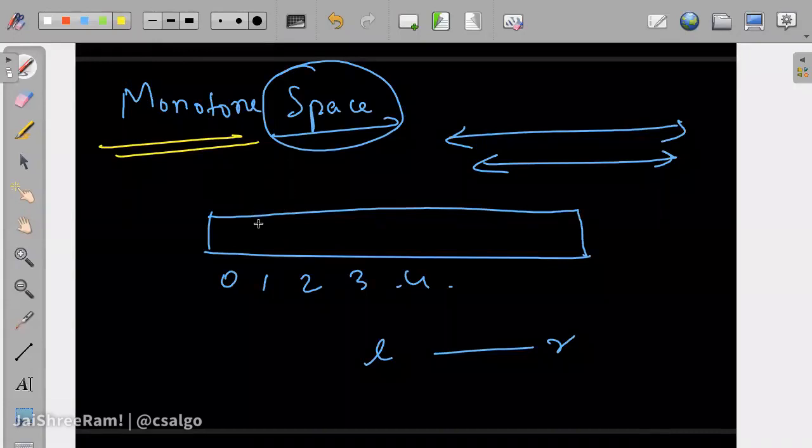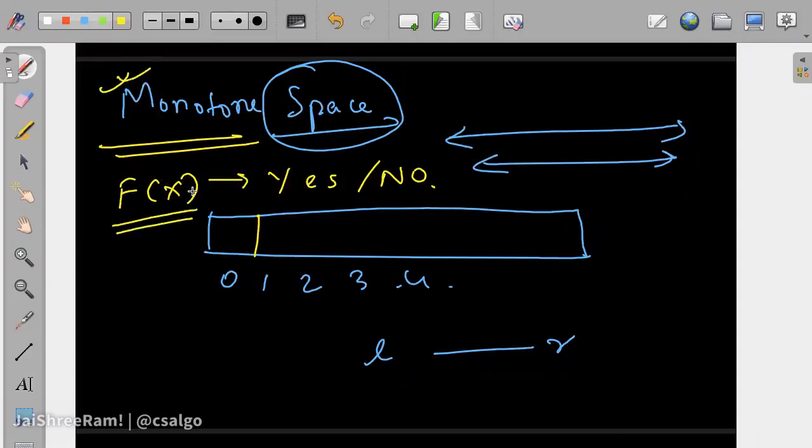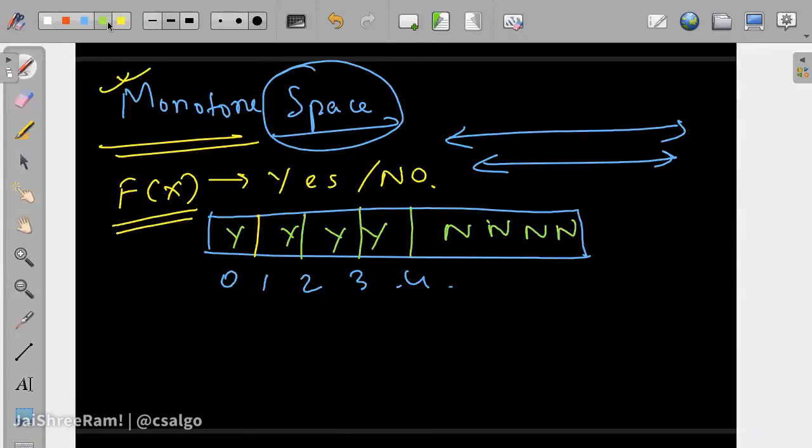You should have some particular function f(x) that maps every item in this space to either a yes or no. There should be a function f(x) which converts every element in this space to a yes or no, and that space is called monotone if there exists an f(x) for that problem such that it makes a bunch of yeses followed by a bunch of nos, or a bunch of nos followed by a bunch of yeses. So these are both monotone spaces.